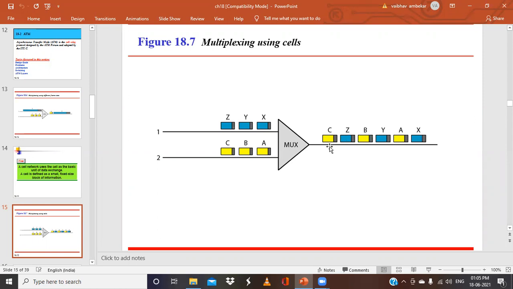So the entire big frame X is divided into smaller cells, and based on the time slot, every cell present at line 1 and line 2 gets an equal opportunity to transmit. This is what we can do with the cell network.